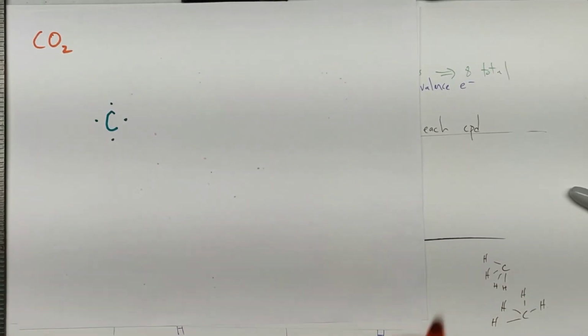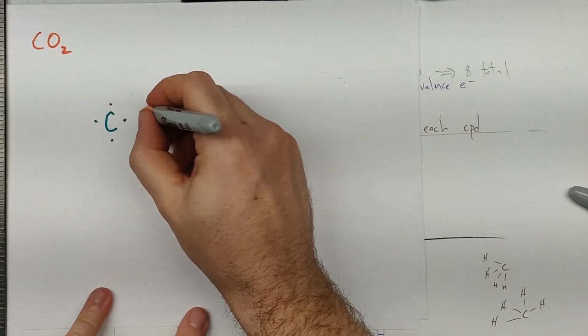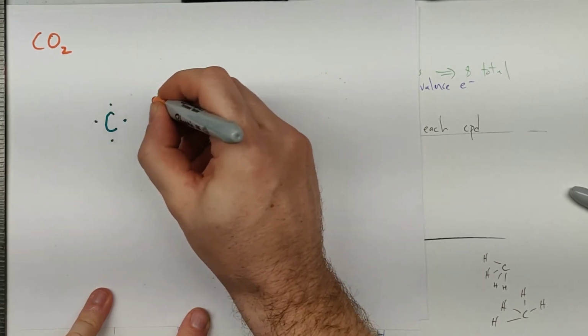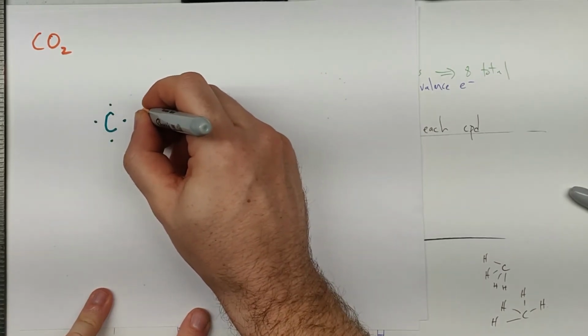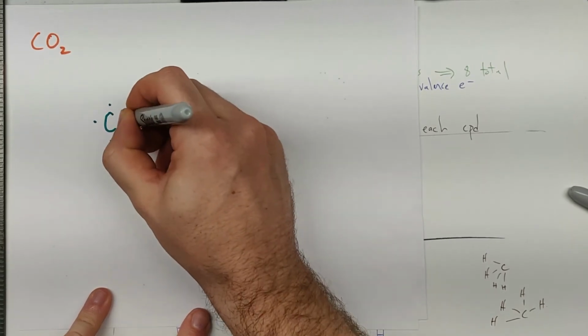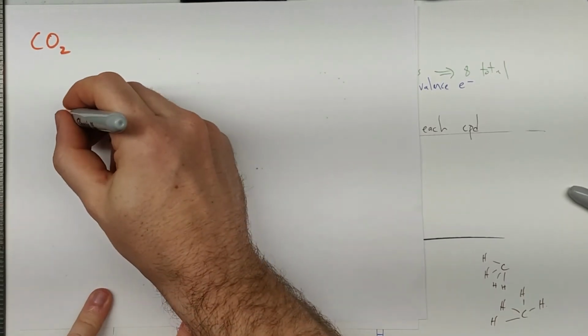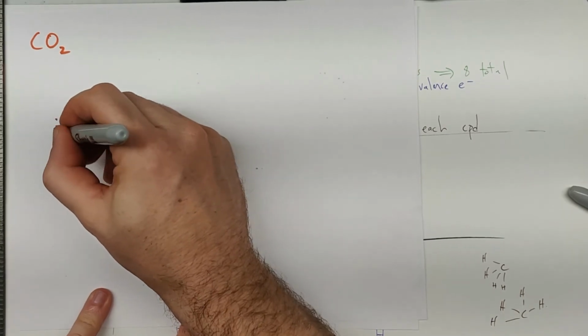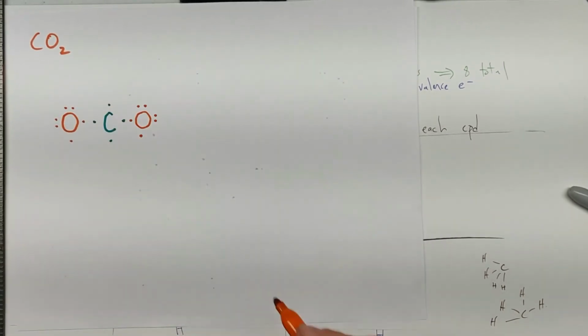All right. And then we've got oxygen with 6 dots. And I'm going to try and arrange my dots in a logical way. I always try and get the single dots facing each other because in a Lewis structure, then I just connect the dots. That makes a lot of sense.